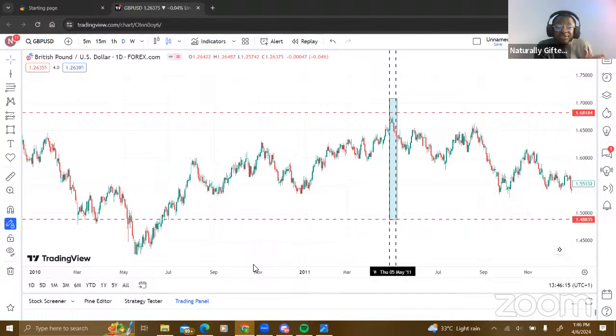Forex is not difficult. All you need to do to be successful in trading is to go back in time, check, oh, price is at this particular area.